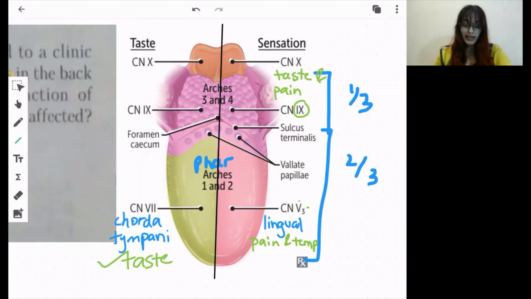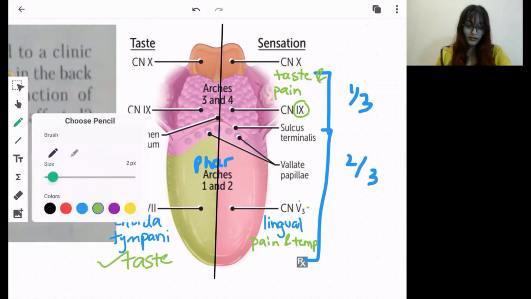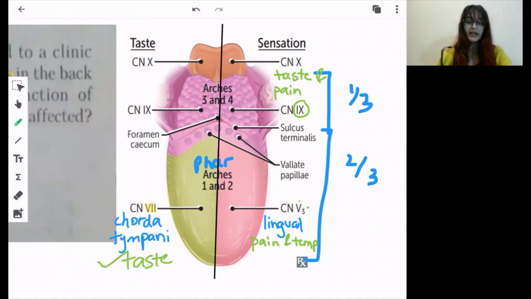So the taste in the anterior 2/3 is by the chorda tympani branch of the facial nerve, and in the posterior third it is by the glossopharyngeal nerve. In the extreme posterior, until and unless they have written the word extreme, don't choose the vagus nerve.